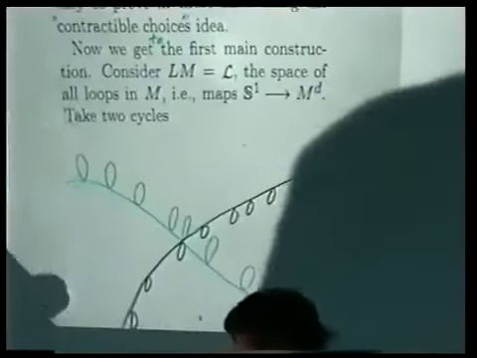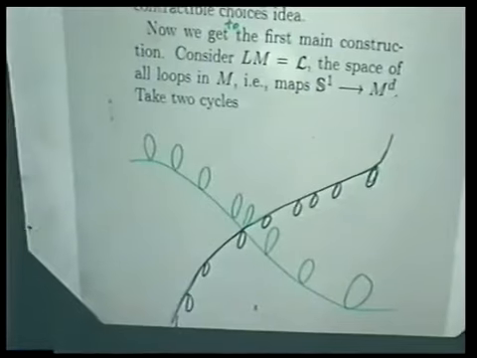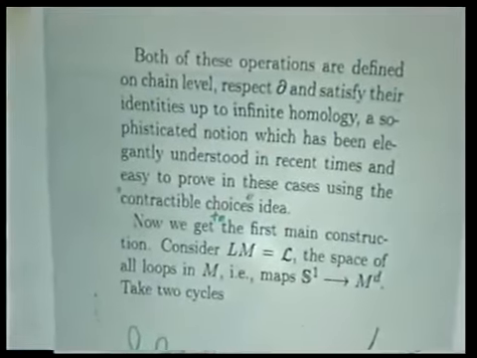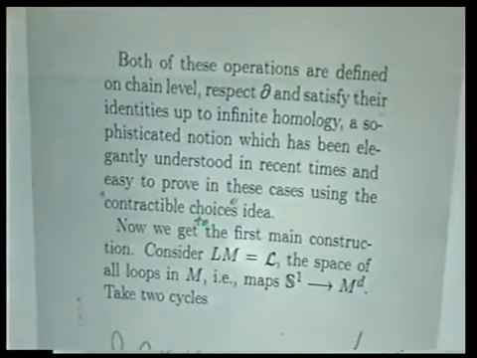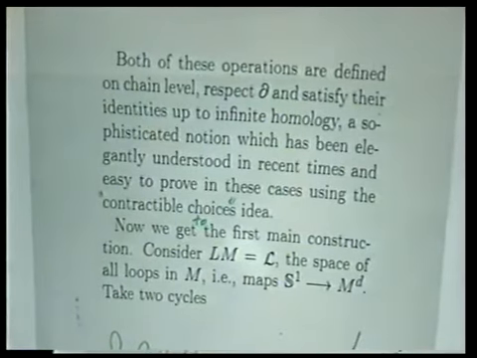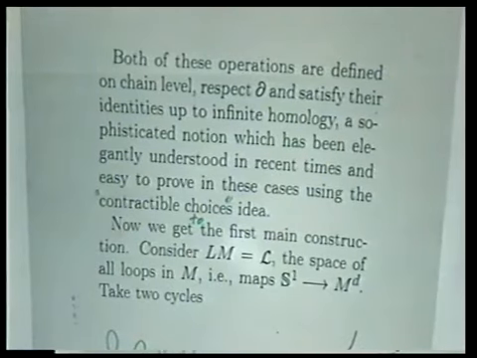Now, I'm going to say something else first. It's a little too sophisticated, maybe. But both of these operations, namely intersection of cycles in a manifold or the multiplication of cycles in the based loop space, are defined on the chain level. You can actually perform these operations on the chain level. It's not just for homology.